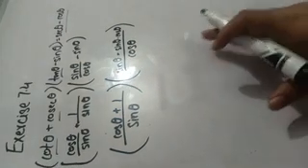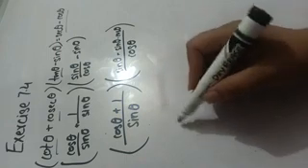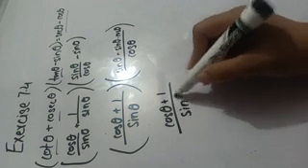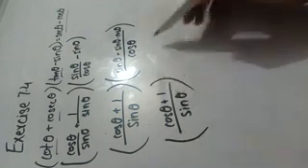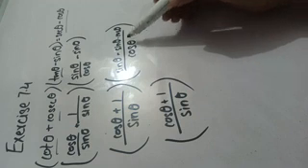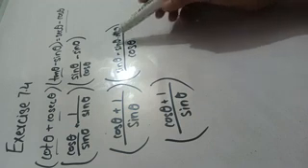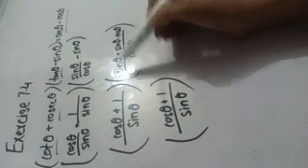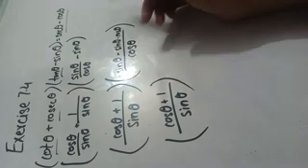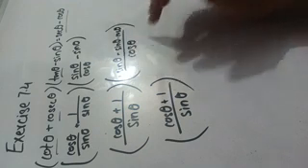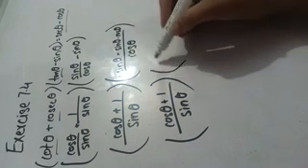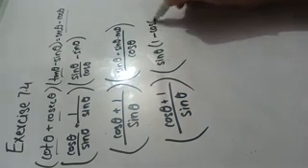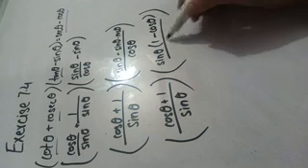Now this equation will remain same, cos theta plus 1 over sine theta. Now we can solve it by cutting, by subtracting it with it. So this is the plus sine theta, this is the minus sine theta. Now we can take it common. Okay, so we are going to take the sine theta common here. So sine theta will be equal to 1 minus cos theta, okay, and divided by cos theta.